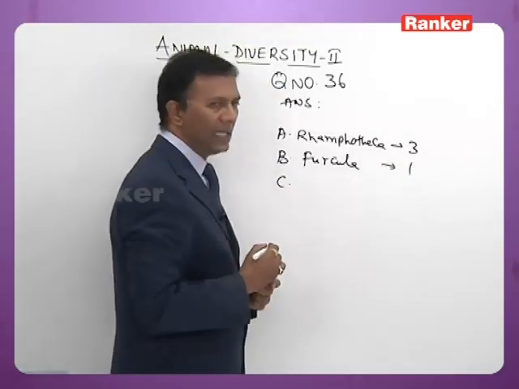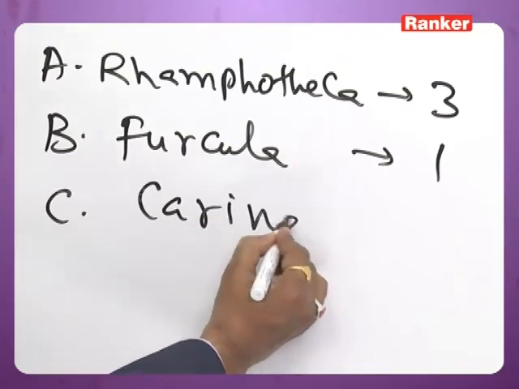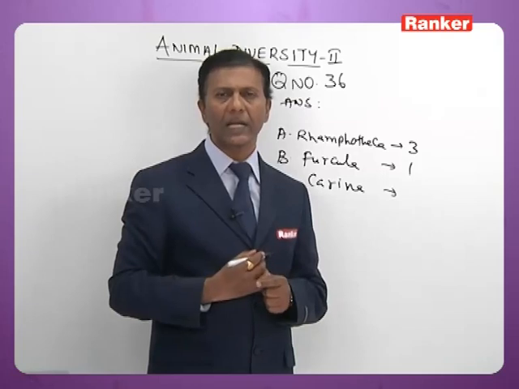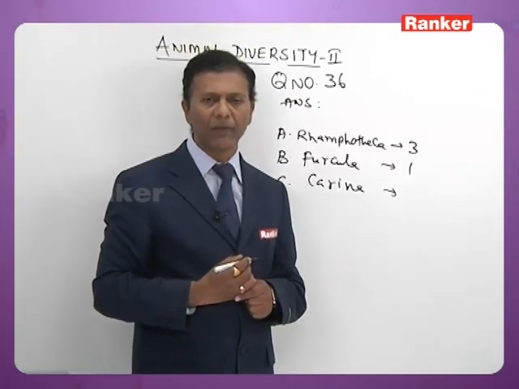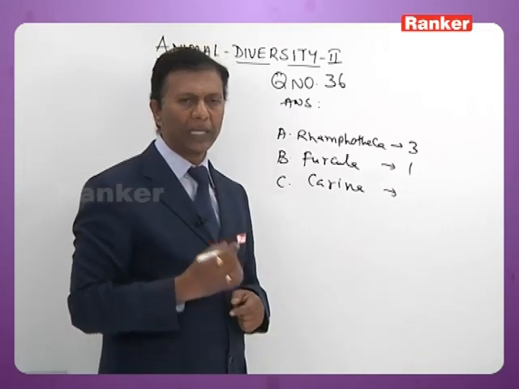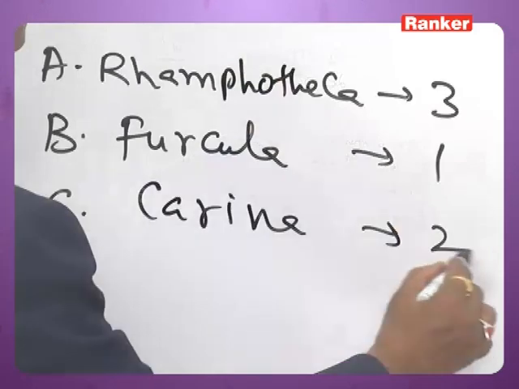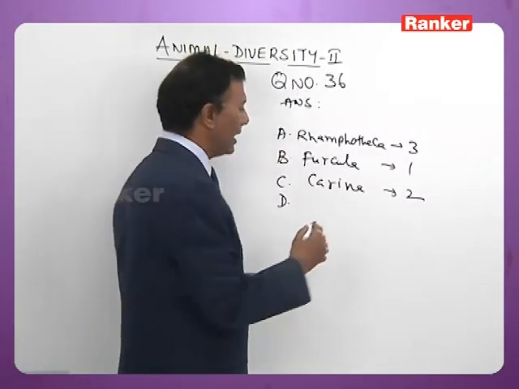Then next, C, carina. Keel is also called carina. The ventral ridge-like structure that lies on the sternum is called keel or carina. It provides surface for the flight muscles. So keel or carina is the extension of the sternum. So the second is the correct option for this. The next, D, pygostyle.